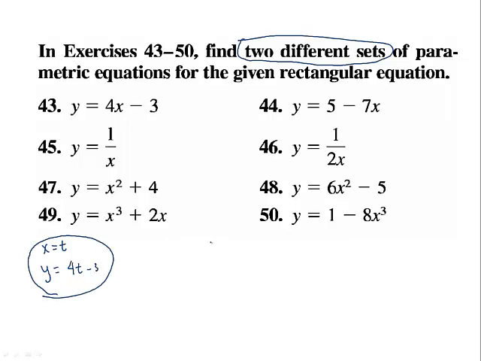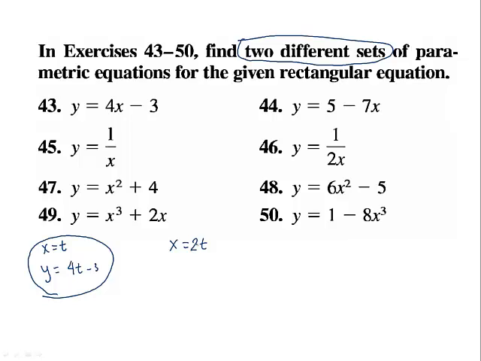I need a second set. So in that second set, I'm going to make something up. I'm going to go maybe like 2t. Let's try 2t. There are very few wrong answers. You can make up anything you want. That's the hard part, where do I start? You're afraid to start because you're afraid to make a mistake. It's almost impossible to make a mistake unless you make some math errors.